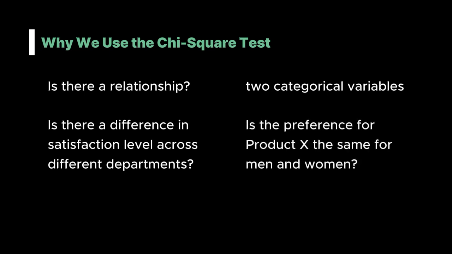Is the preference for product X the same for men and women? It's the test that determines if your two categorical variables are related, dependent, or unrelated, independent.